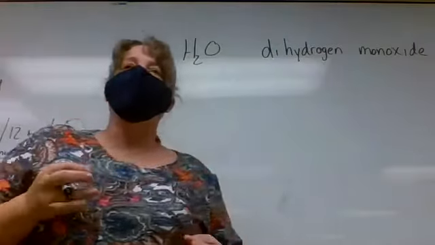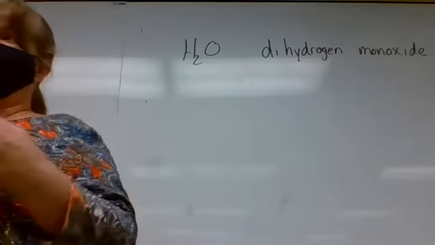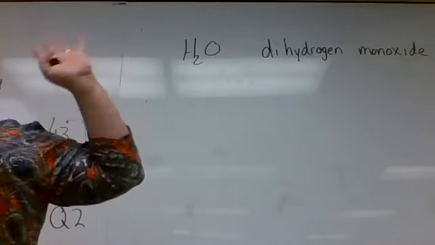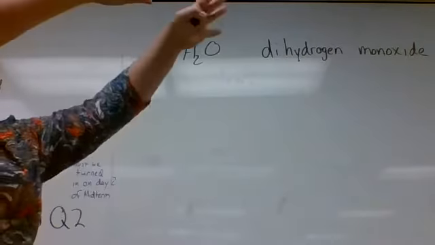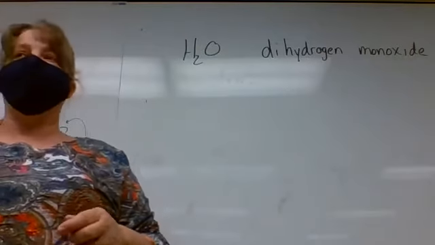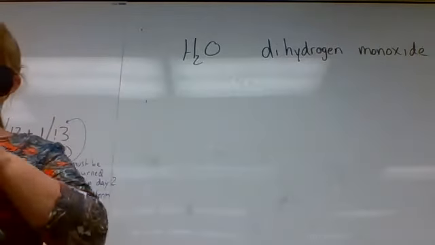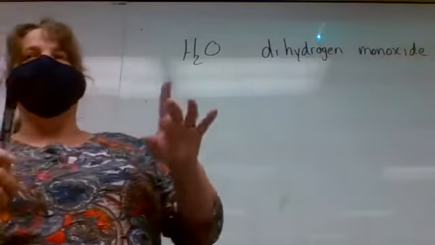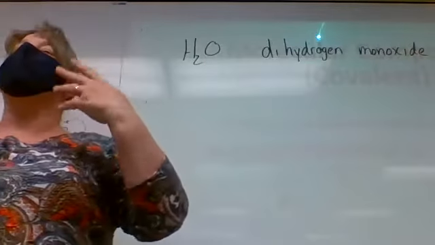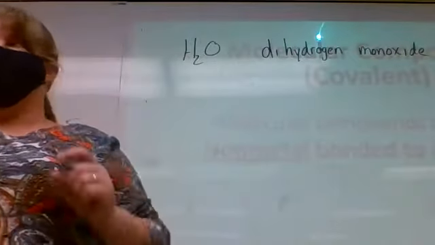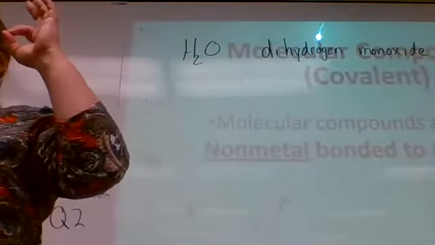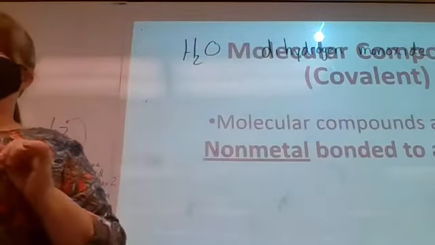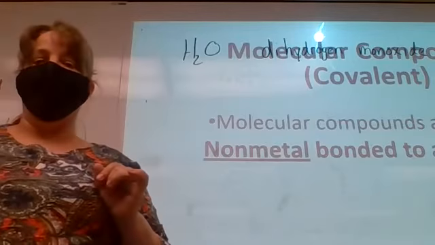The naming we're going to talk about only refers to covalent compounds. Okay, so anyone remember what makes something a covalent compound, like in terms of where the elements are on the periodic table? What types of elements are in a covalent molecule?